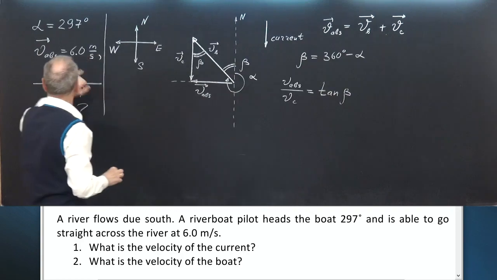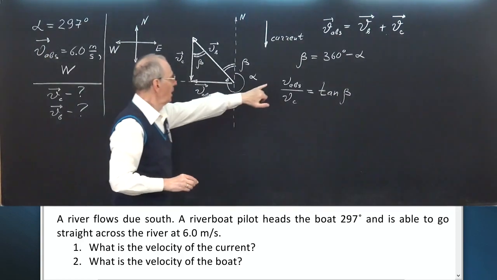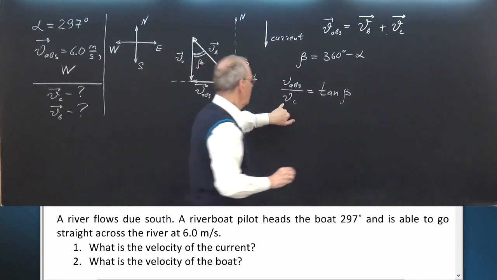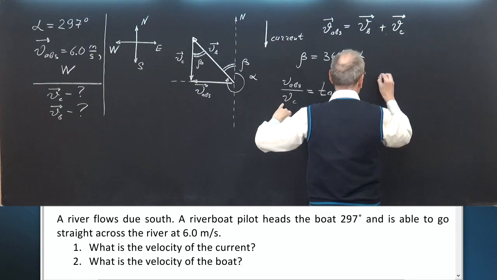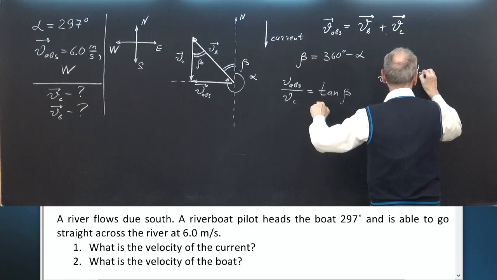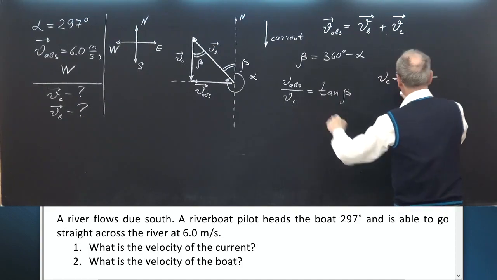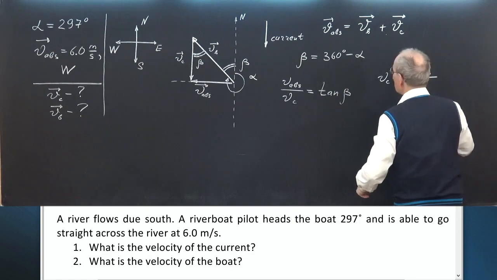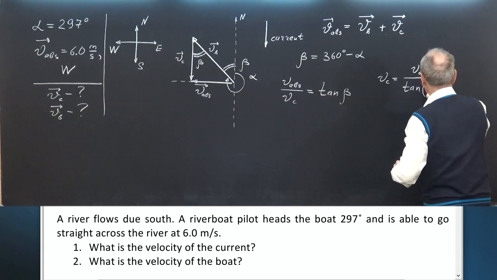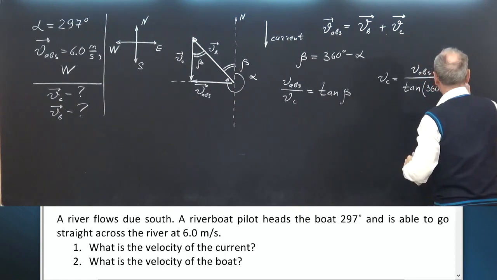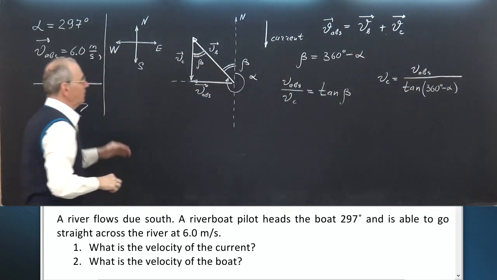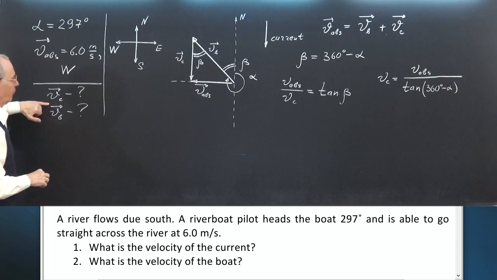We know V absolute and we have to find V current. So V current equals V absolute over tangent of 360 minus alpha instead of beta. This is the speed of current.